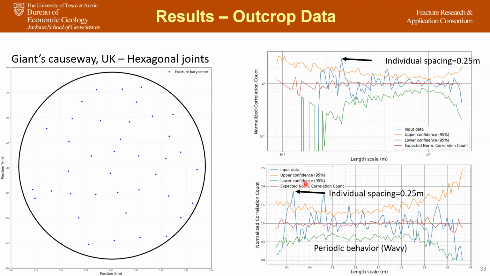And this first peak here will give you the individual spacing that is about 0.25 meters between each barycenter of these fractures. So this is just a nice example of how NCC is a powerful technique that can be used very well to give you information in scan lines, and it's also possible to use it in 2D. This is under development, and hopefully I will have much more results to show you and share with you in the upcoming months.